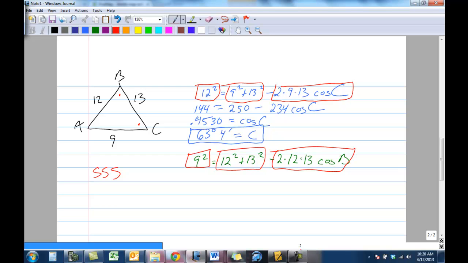The right side, the addition stuff, and the multiplication stuff. So go ahead and use your calculator real quick. You should get 81 equals.